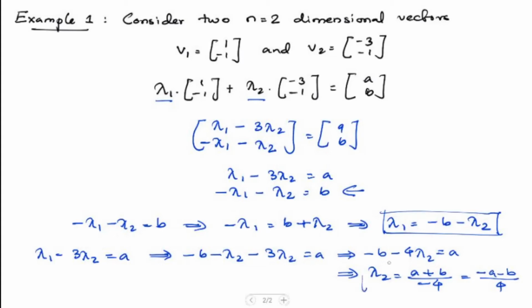So that's lambda 2 for us. We just got the general values for lambda 1 and lambda 2.